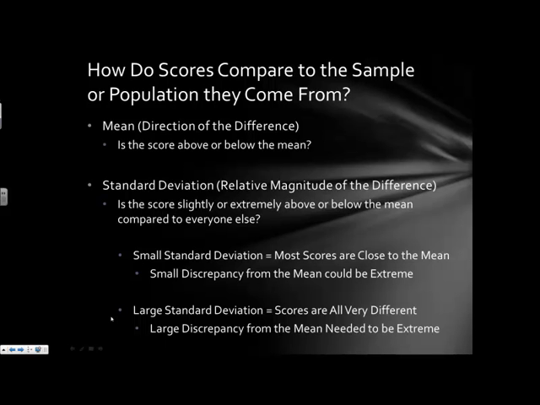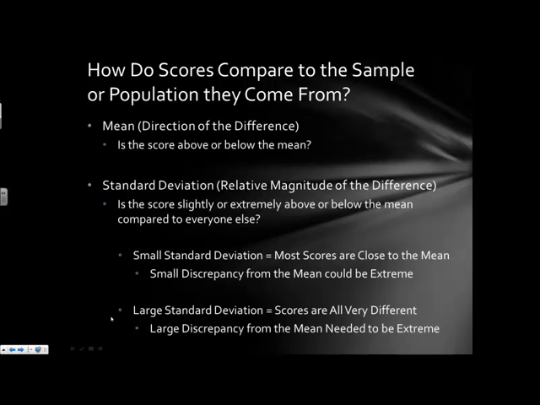So the first thing, how do scores compare to the sample or population that they come from? So before we cover inferential statistics, it's important to understand how individuals are related to the samples or the populations they're drawn from, and then eventually we'll get to how samples are related to populations and other samples.